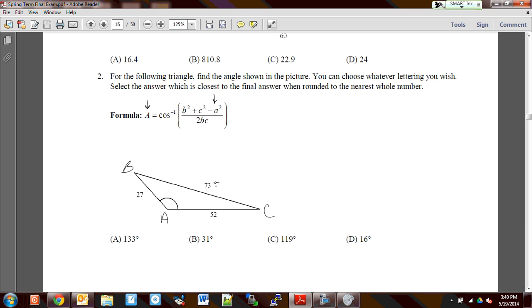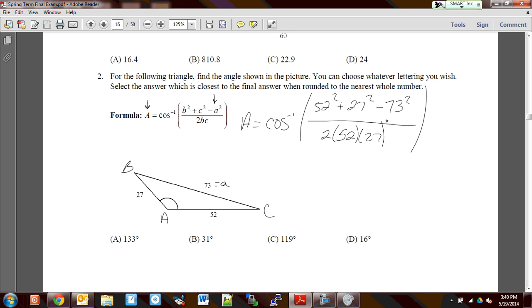And then this here is going to have to be little a. Otherwise, it doesn't matter. So A equals the inverse cosine of 52 squared plus 27 squared minus 73 squared divided by 2 times b times c.